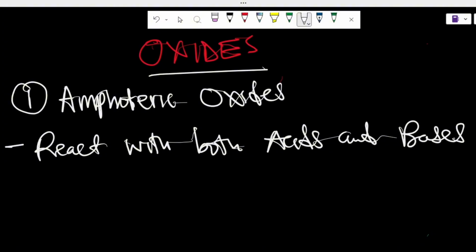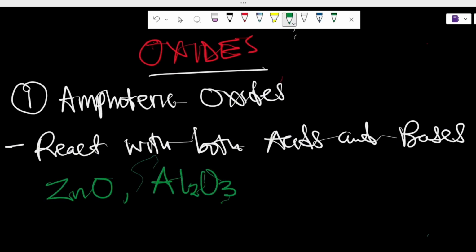Now, what they do is that when they react with acids, they act like bases. And when they react with bases, they act like acids. And the key examples of amphoteric oxides would be zinc oxide and aluminium oxide. So these are the key examples of amphoteric oxides.